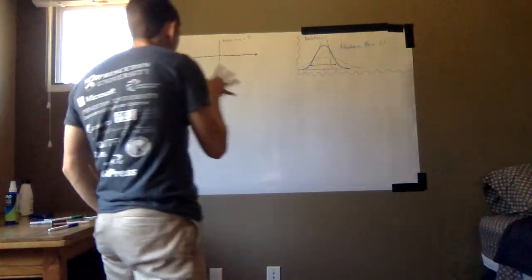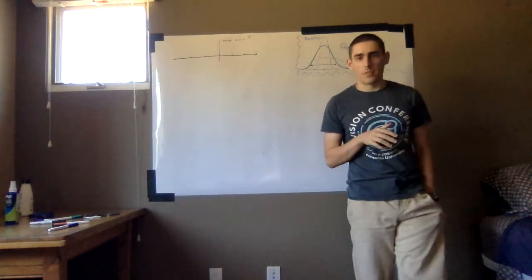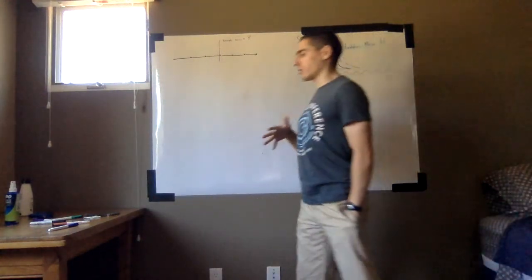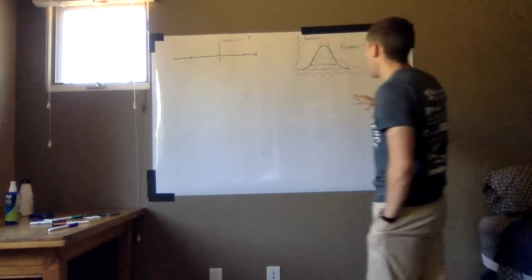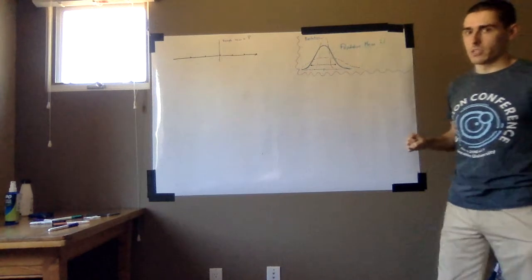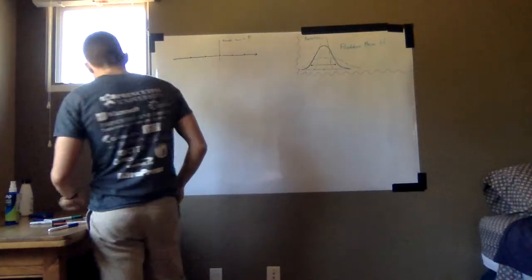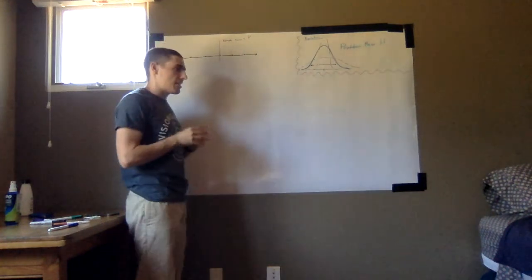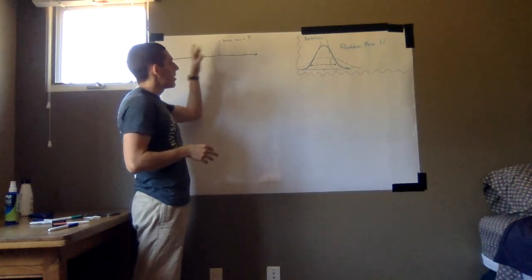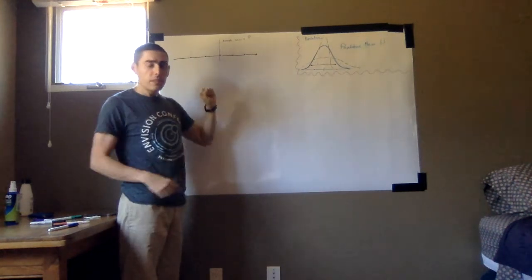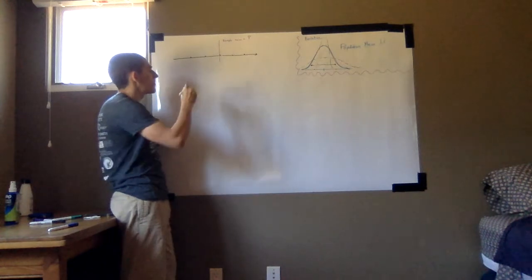So what's an intuitive statistic that I might use to measure how spread out a distribution is? One thing that occurs to me is I might measure the distance between each of these data points and the mean of the sample, right?